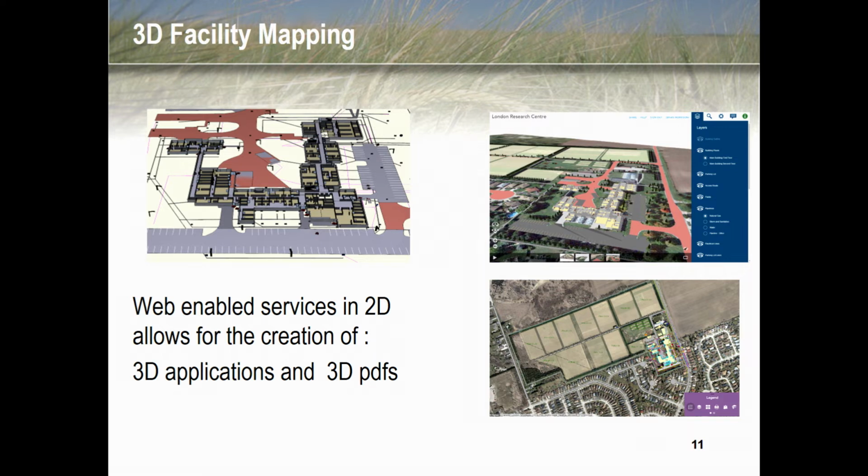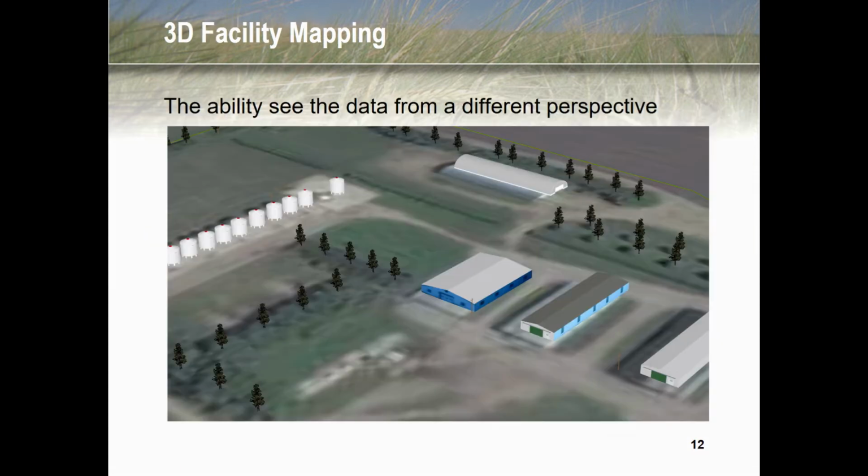Web-enabled services in 2D allow for the creation of 3D applications and even 3D PDFs with the assistance of CityEngine, ArcGIS Pro, and FME. It's really a transition about engaging researchers, facility managers, and GIS staff to create unique opportunities to view their data in non-traditional ways, which leads to not only a richer mapping experience, but the ability to see data from a different perspective.